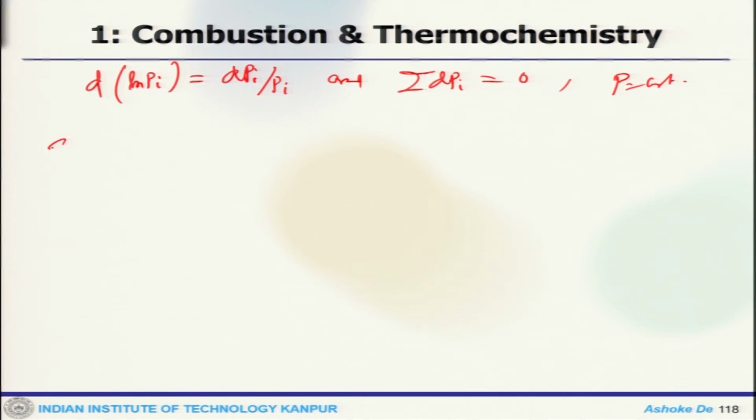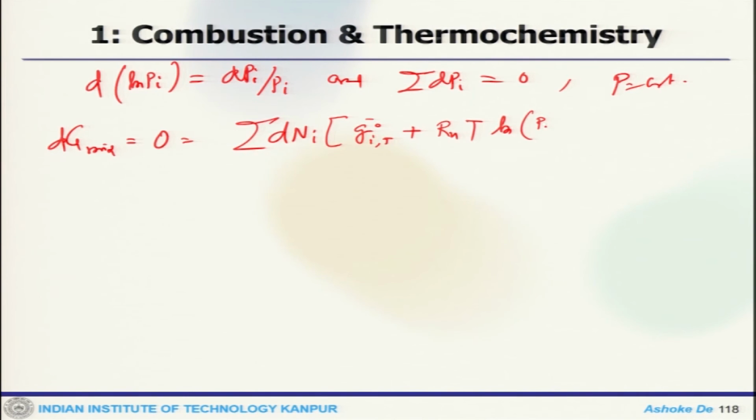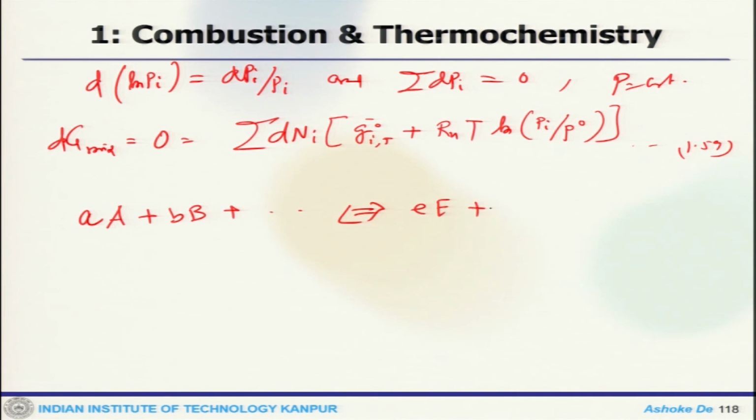So, then we get dG mix equals 0, equals summation of d Ni times Gi naught plus Ru T ln Pi by P naught, which is 1.59.